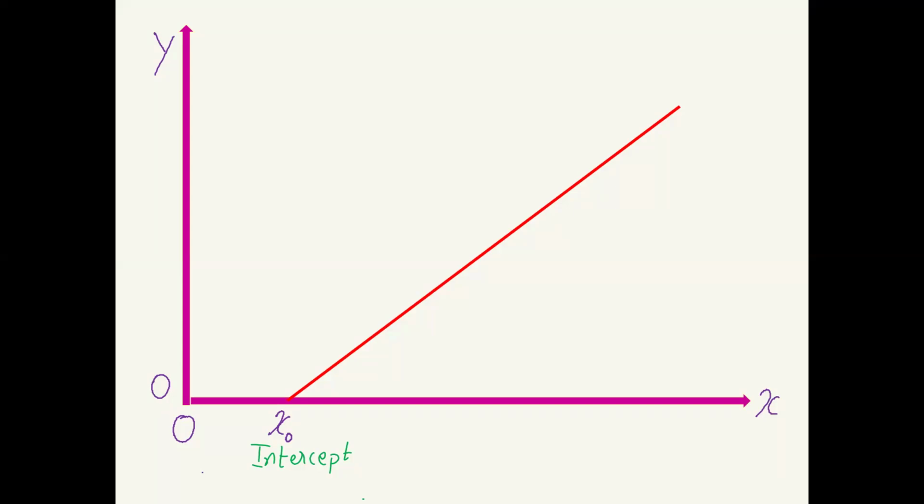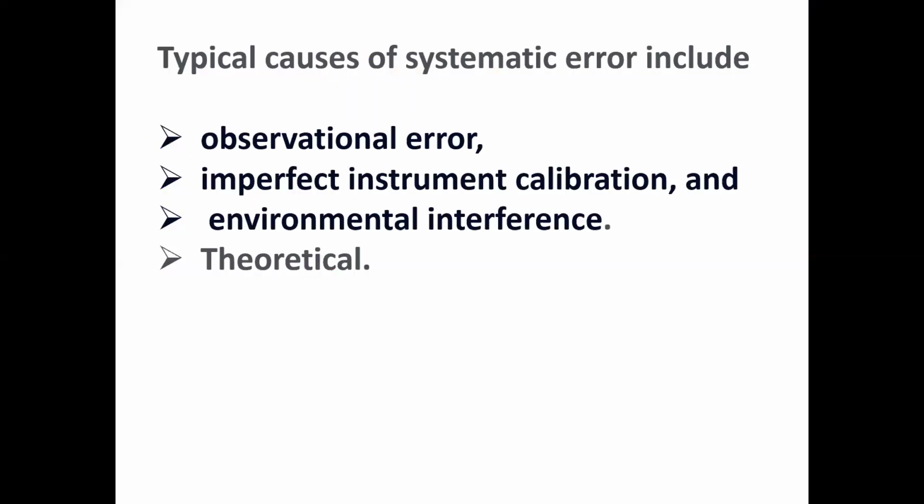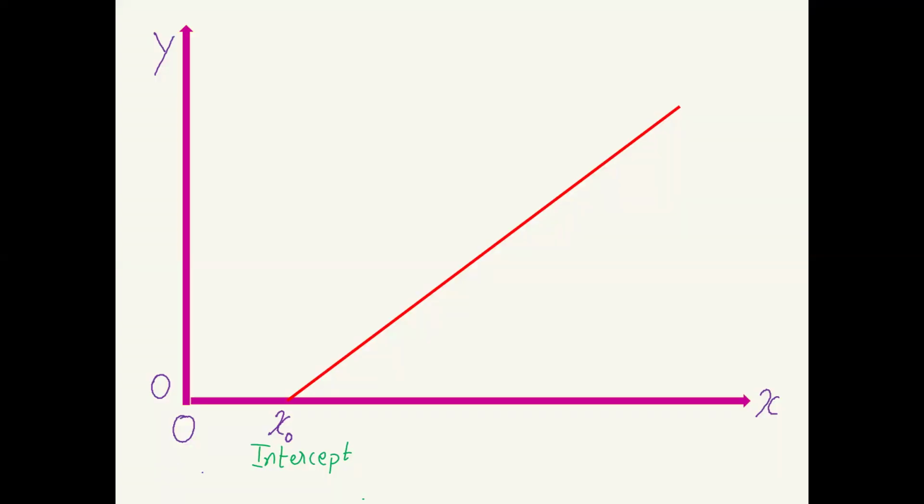Oh, okay. If it is not passing through the origin, then there is a chance that it is a systematic error. Yes. So random errors will produce a scatter graph and systematic errors will have an intercept graph. Yes, perfect.